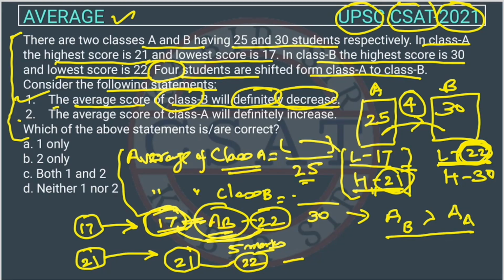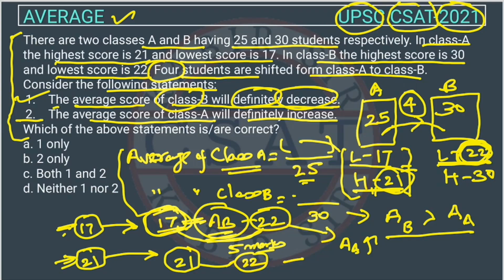Now what's the second conclusion? The average score of class A will definitely increase. Now he is asking what will happen with the class A average, right? It will increase or decrease. If we are shifting the minimum-marks student, then the average of class A will increase.